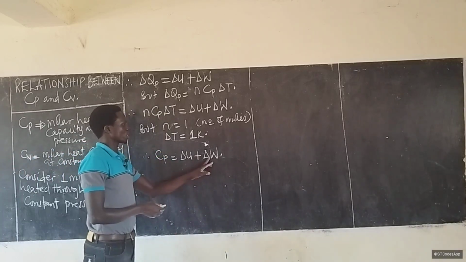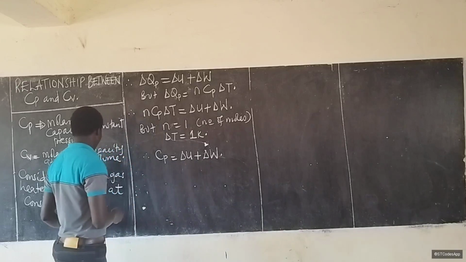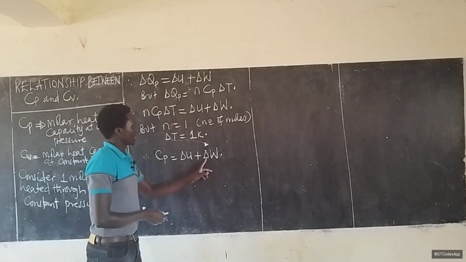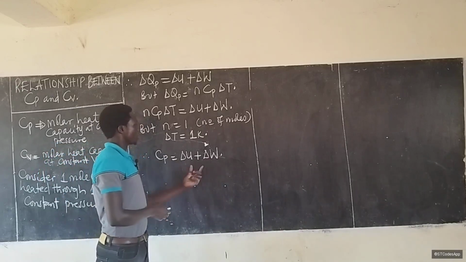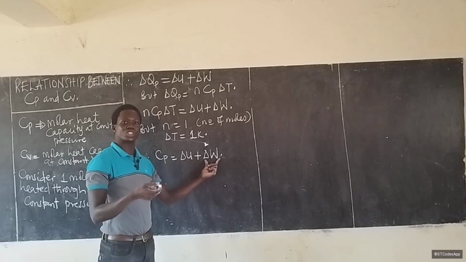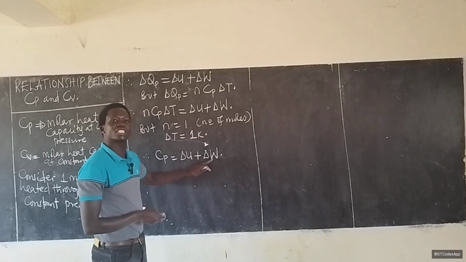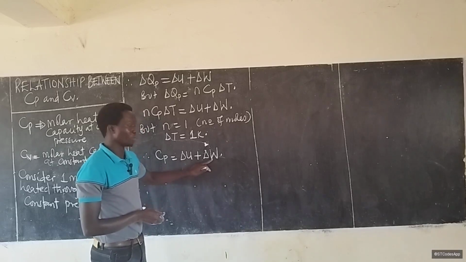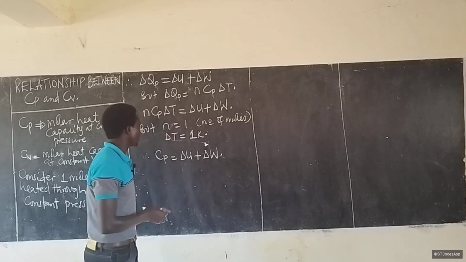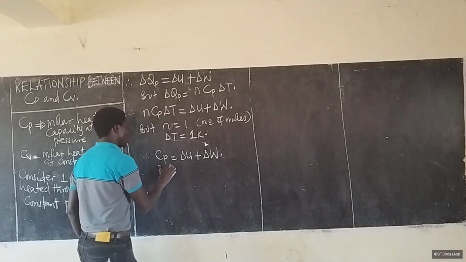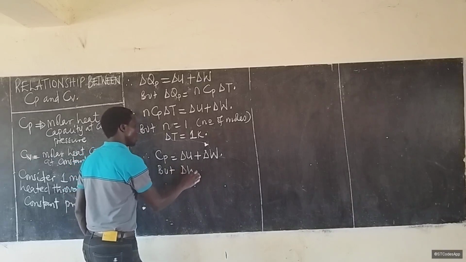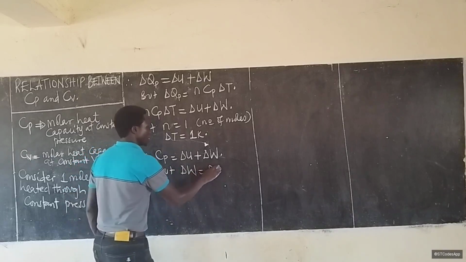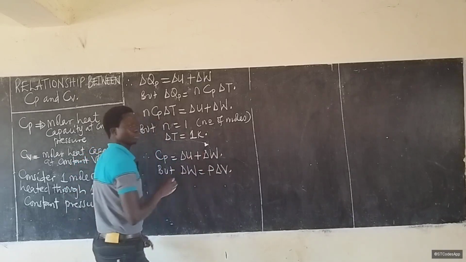But of course, if it is at a constant pressure, then it is the pressure that is constant, which means the volume is changing, and so I can express this in terms of volume. We actually derived it: we know that change in W is P change in volume.